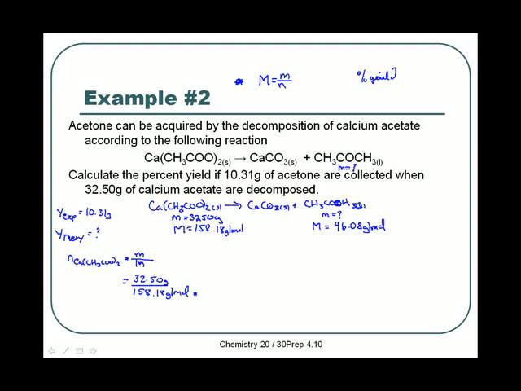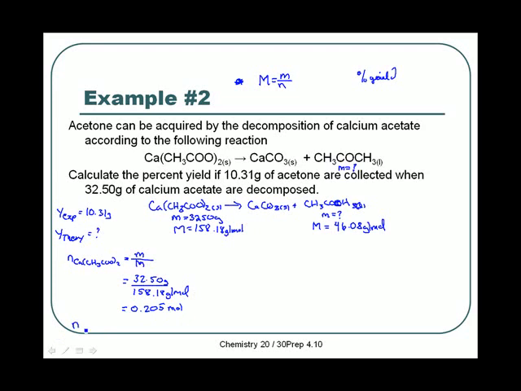So 32.5 divided by 158.18, and we get 0.205 moles.